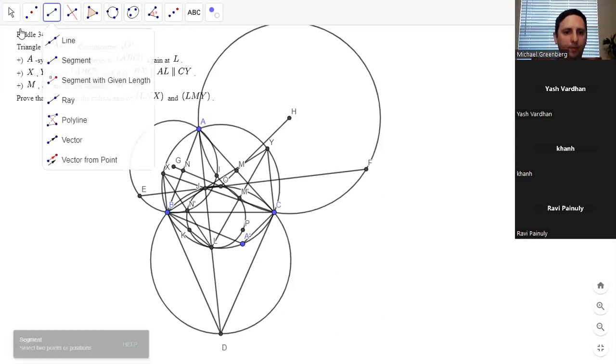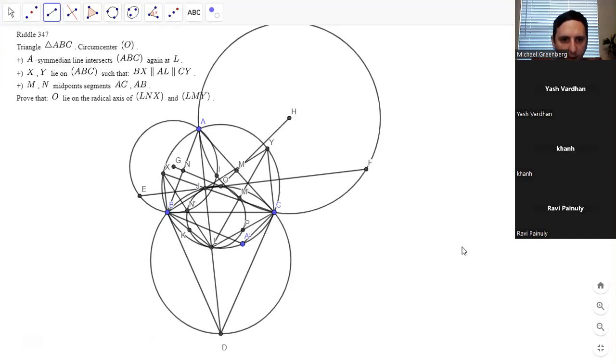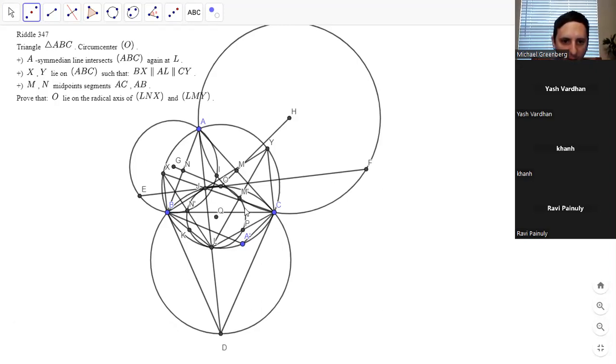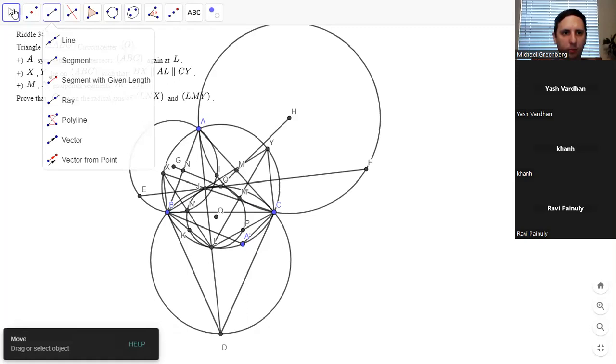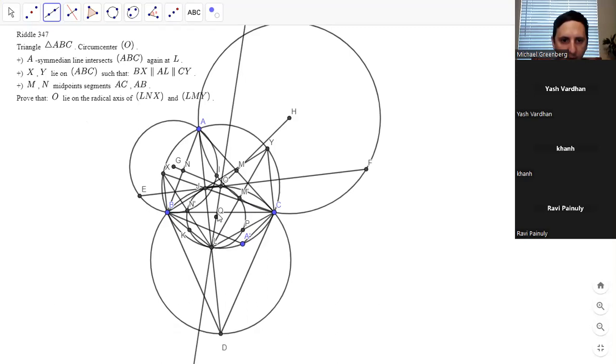So this is P and K. And what if I take the center of this circle? Is O the antipode of L? I highly doubt that would be true. Oh, maybe it is, maybe I'm just confused. Yeah, O has to be the antipode of L because the circles are tangent.